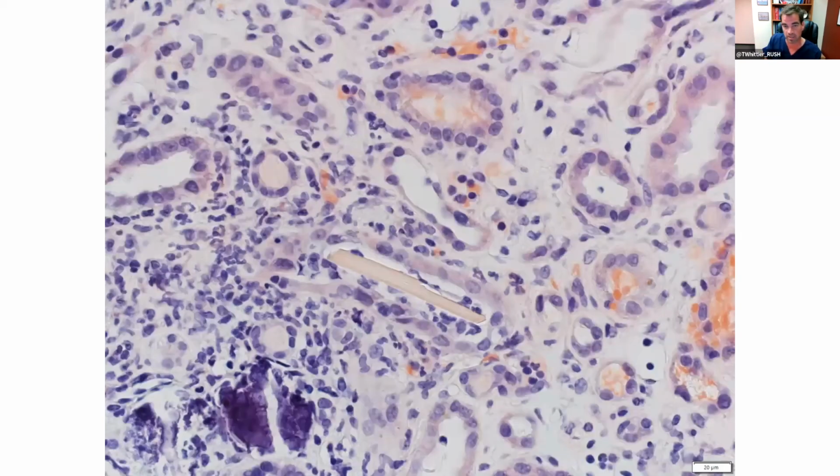So it's not birefringence for apple green, but the crystals are sort of highlighted on the Congo red. And when you know to look for them, you can scour and hopefully find something, which we did in this case.